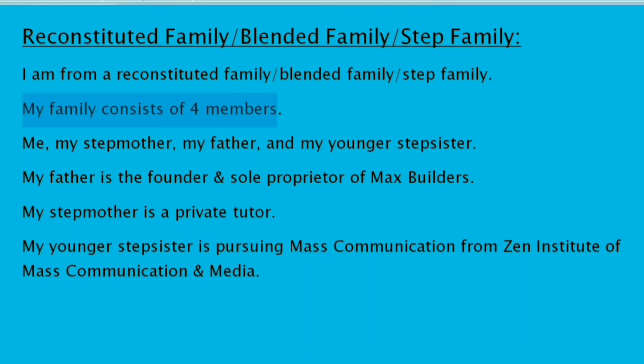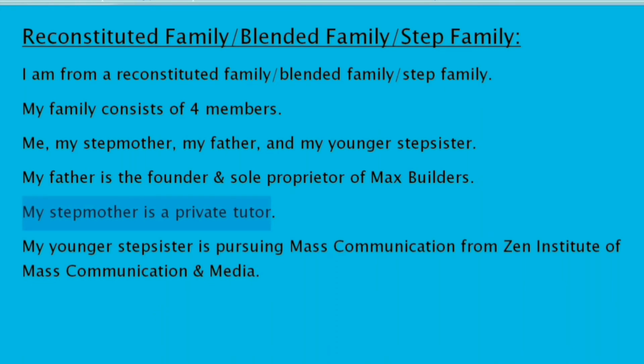As you see on your screen, one by one you mention me, then my stepmother, if you're living with your stepmother in this example, and my father and my younger stepsister. It can be stepbrother also. Then you mention their occupation one by one. At first it's mentioned over here, my father is the founder and sole proprietor of Max Builders, your father's occupation.